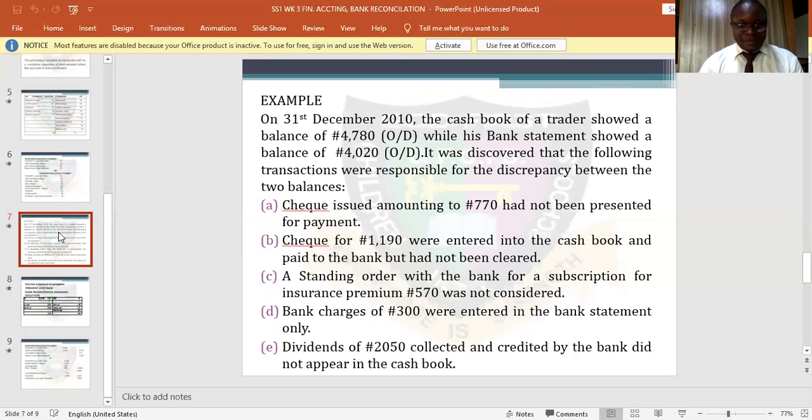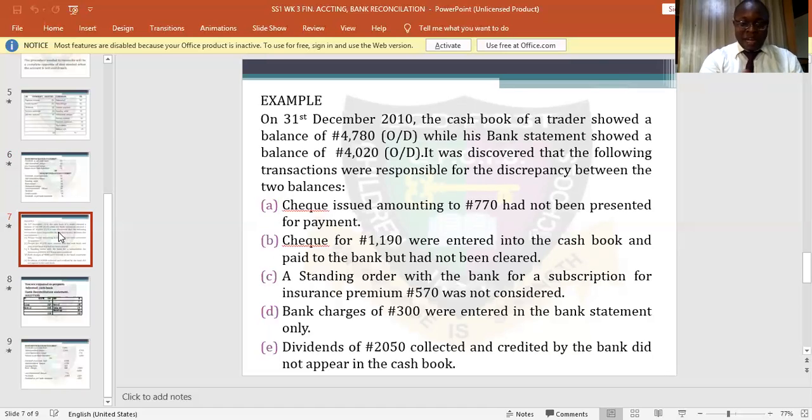It was discovered that the following transactions were responsible for the discrepancy between the two balances. So that means the cash book does not reconcile with the bank statement. Then we are going to reconcile the two accounts, the adjusted cash book as well as the bank statement.